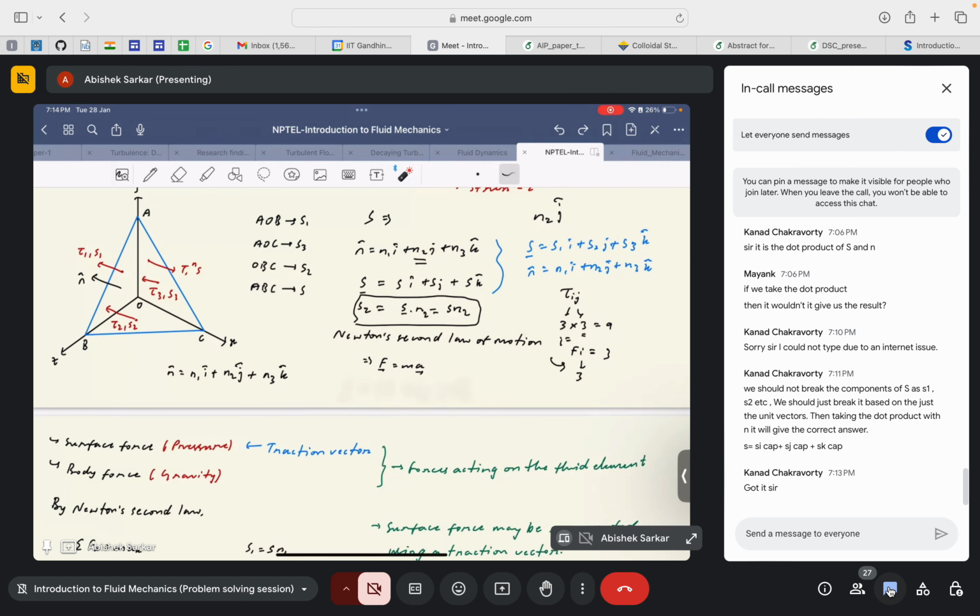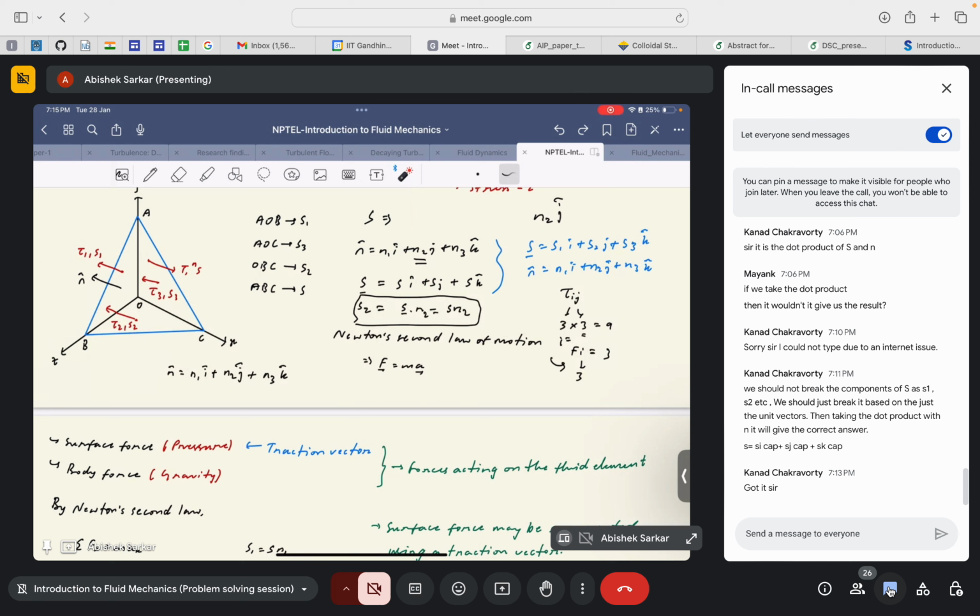The orientation of the surface may be in any direction, and the surface may not be completely even all the time. It can be of any arbitrary shape, assuming that this surface has different components having the same area. So I can write it as S_i i cap plus S_j j cap plus S_k k cap, where S is a magnitude of the surface along this particular coordinate direction.